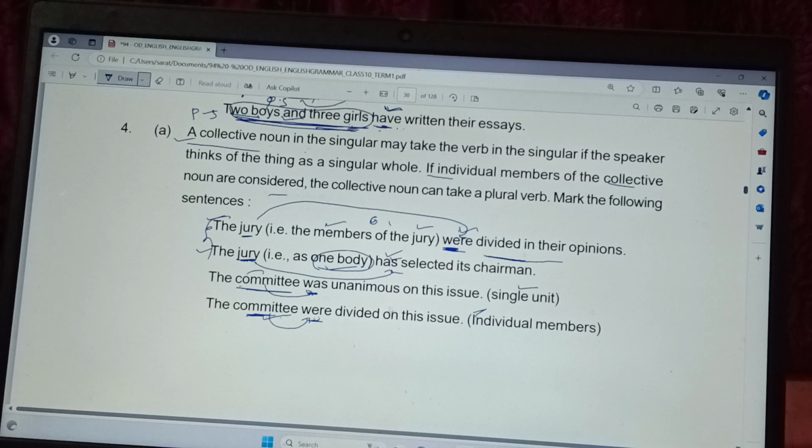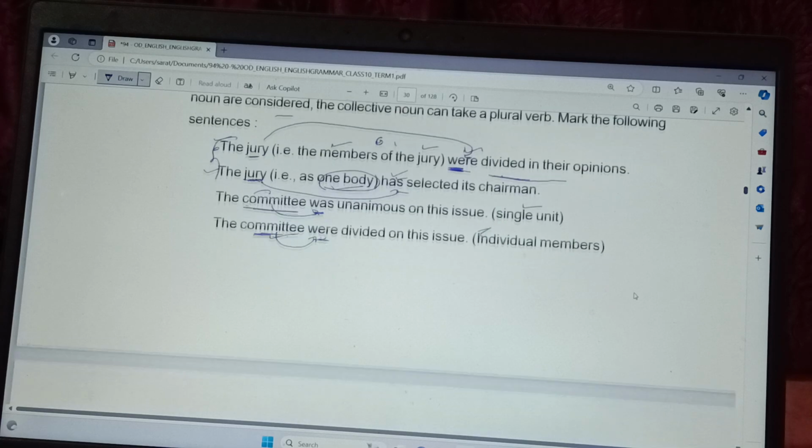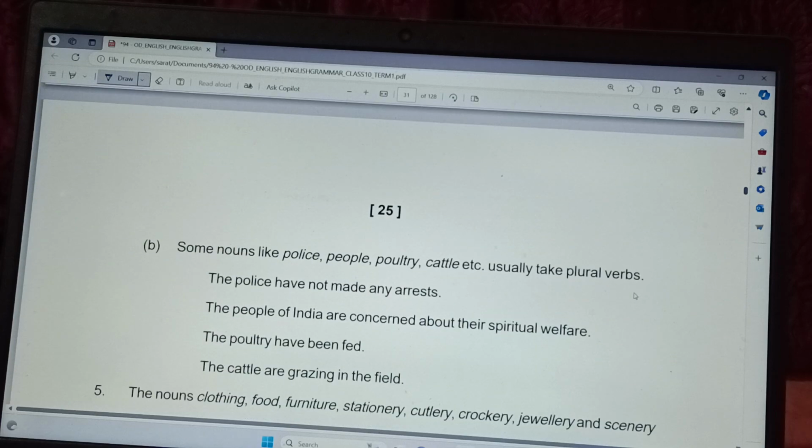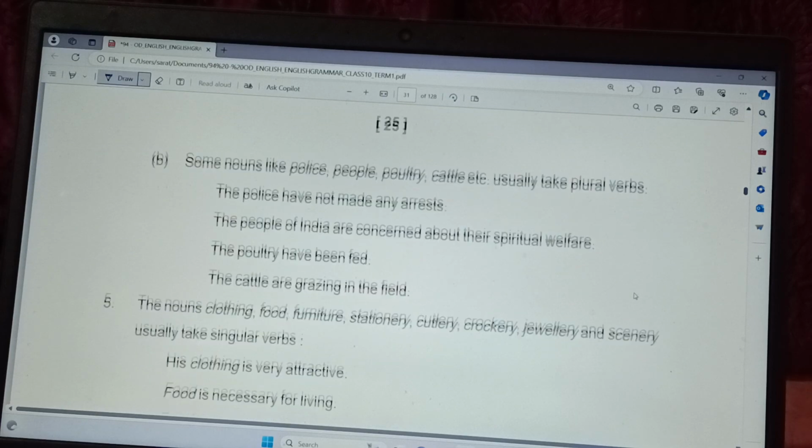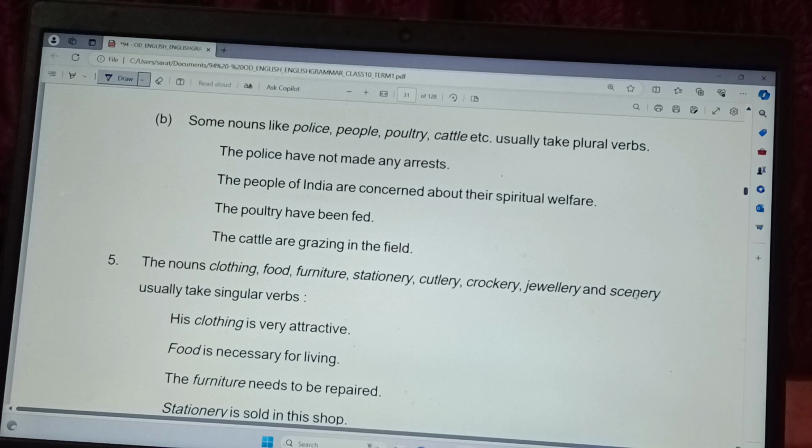Okay, guys, let's look at another rule, guys. Rule 4b: some nouns like police, people, poultry, cattle usually take a plural verb.